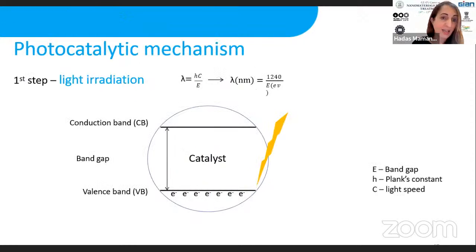And the first step in the photocatalytic mechanism is light irradiation, okay? So the catalyst will absorb the light. And of course, the wavelength of light equals the Planck constant multiplied by the speed of light divided by the band gap, okay? And so the first step would be light absorption.